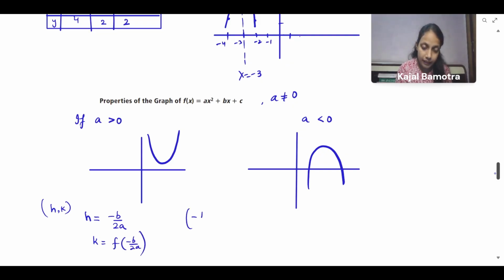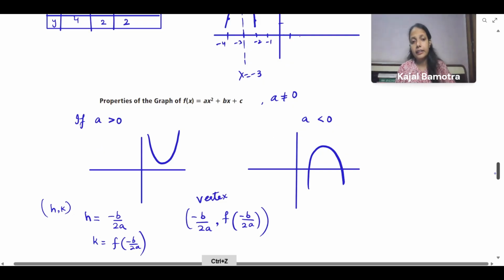So (minus b over 2a, function value at minus b over 2a) is the vertex, either in this or in this. Basically this is used for this type of equation to calculate the vertex. As you get the vertex, this will be your axis of symmetry. Okay.